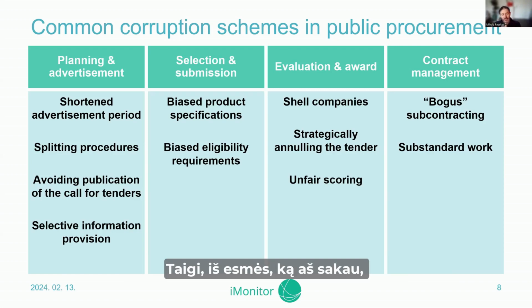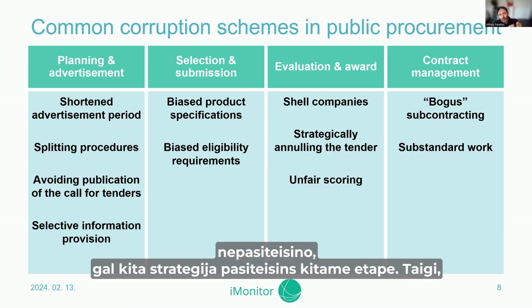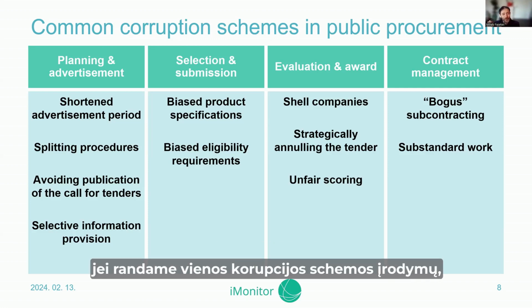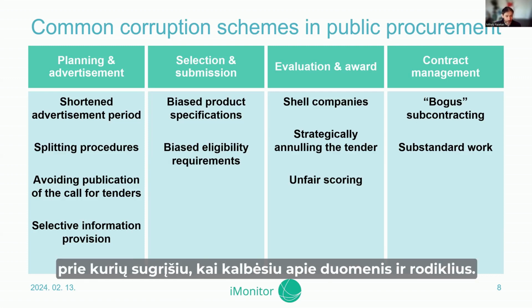What I'm saying is that these strategies might substitute for each other. If one corruption strategy in one stage didn't work, maybe another strategy worked in another stage. So if we find evidence for one corruption scheme, typically that's enough to talk about the whole process being corrupt. Okay, a couple of examples which will come back when I talk about data and indicators.